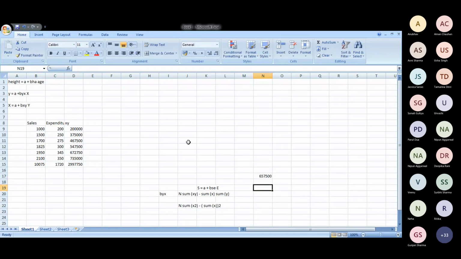Now if we talk of the denominator part, the denominator will be n summation x square. So first you want the calculation of x square. x square is equal to 200 multiplied by 200, and so on.